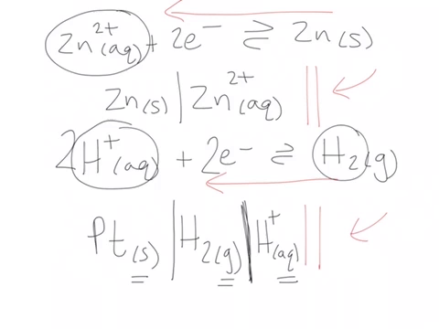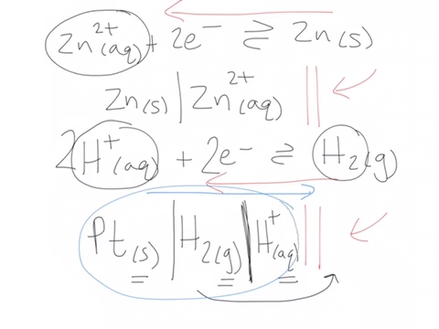Now if this were to be on the other side, so this was going in the other direction, we would just reverse the whole thing. So you would have H+ ions first, then you would have your line, then you would have the H2 gas, then you would have your line, and you have the platinum electrode right on the end.